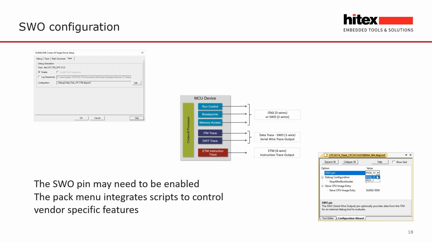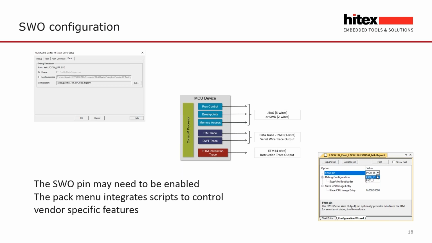One of the things that does catch people out is that the instrumentation trace and the data watch trace use this additional serial wire out pin. On some manufacturers, this may be multiplexed with GPIO, so nothing works until we configure the serial wire out pin. This used to be done by adding scripts to the debug window.